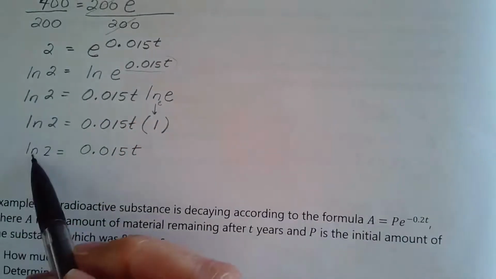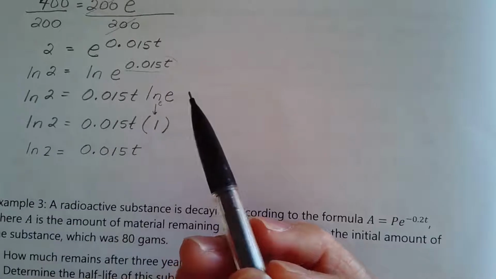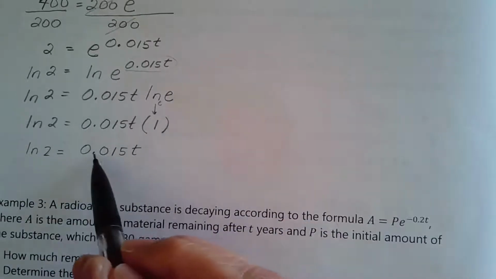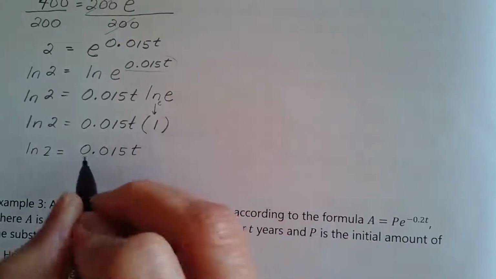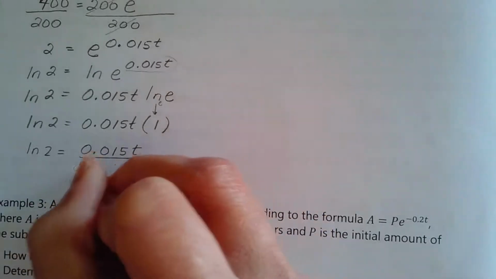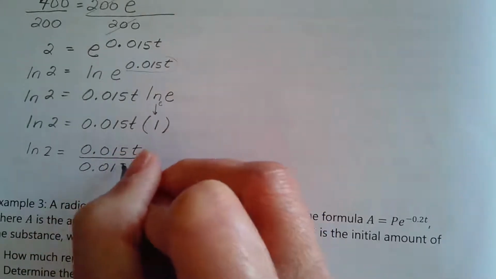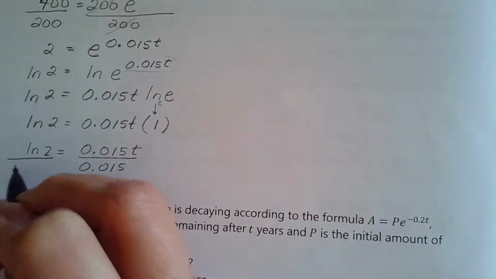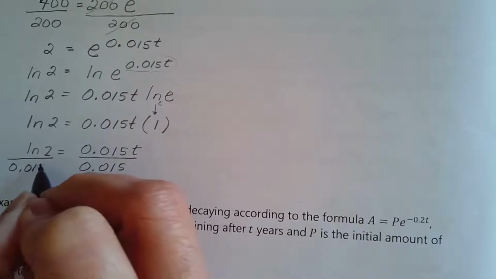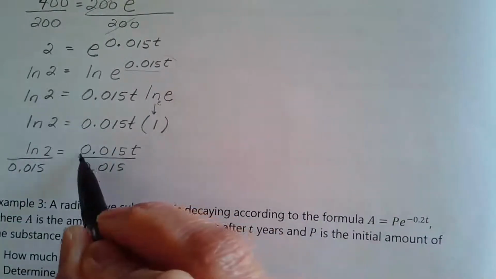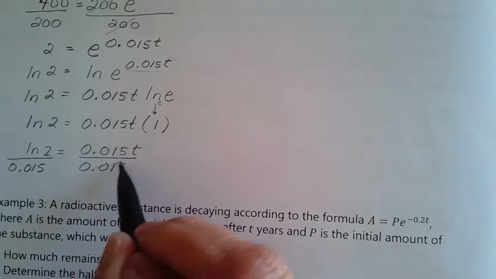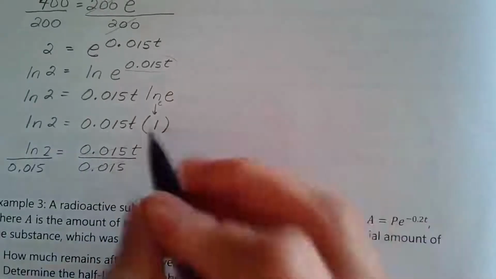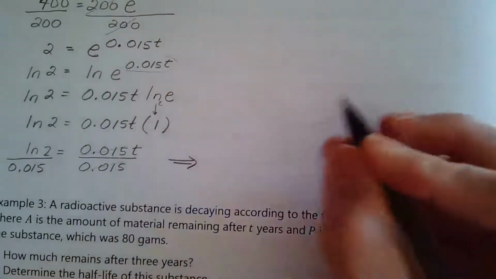And natural log of 2 is going to be just a number. So solving for t, divide both sides by 0.015, and of course this is going to cancel and we're left with t.